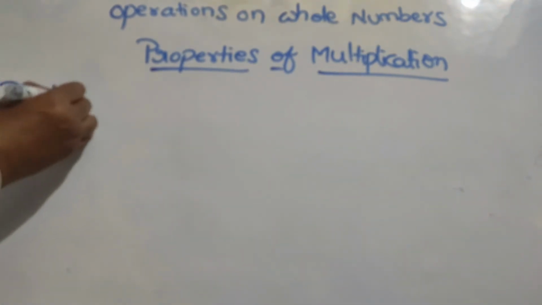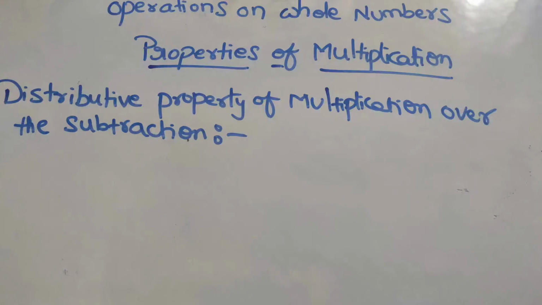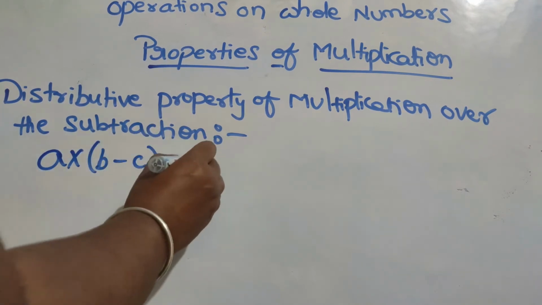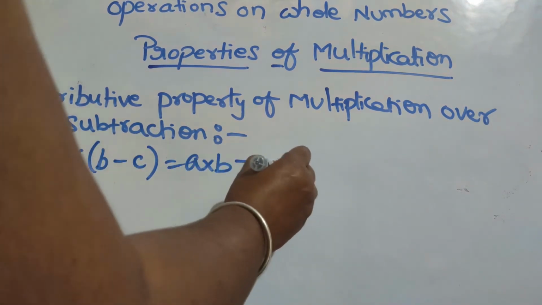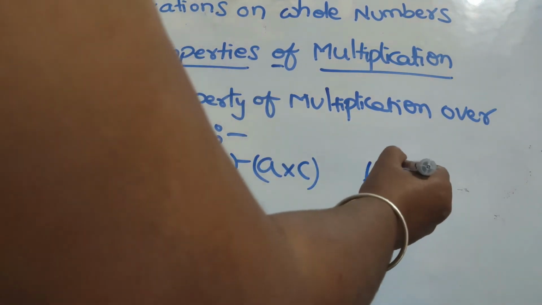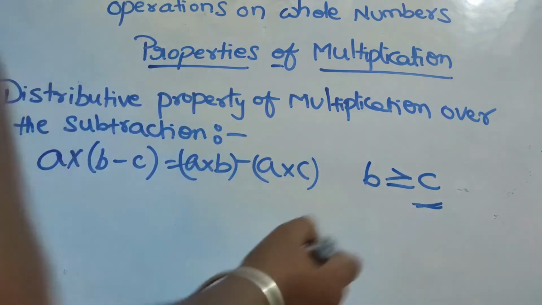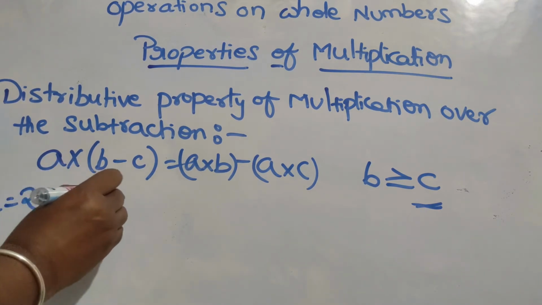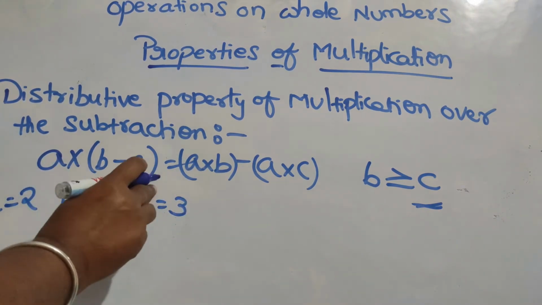Next rule, the distributive property of multiplication over subtraction. This rule follows a into (b minus c) is equal to a into b minus a into c. This is applicable only when b is greater than or equal to c. If b is less than c, this rule will not be applicable. Example, a is equal to 2, b is equal to 6, c is equal to 3.